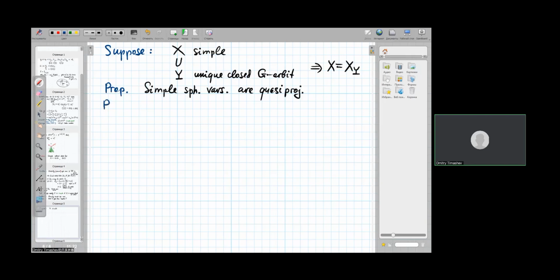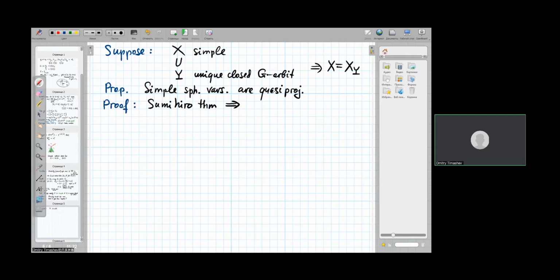Why so? It stems from the Sumihiro theorem. The Sumihiro theorem says that any point in X has a G-stable quasi-projective open neighborhood.